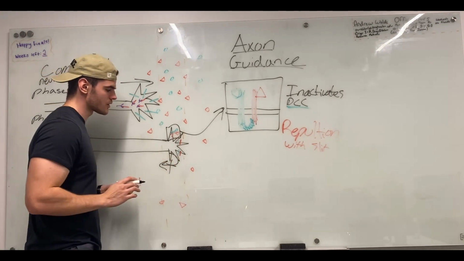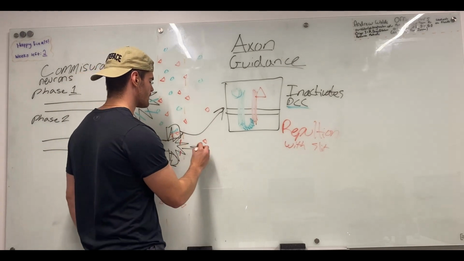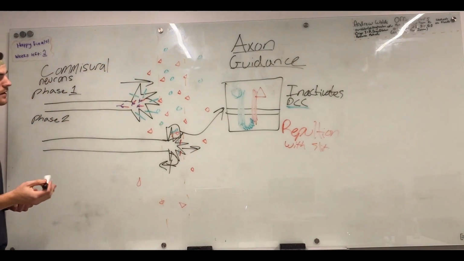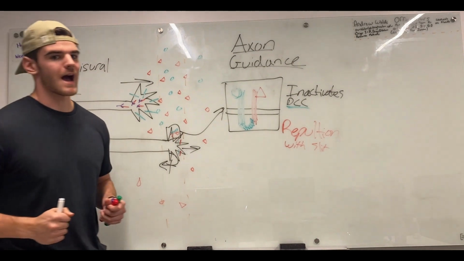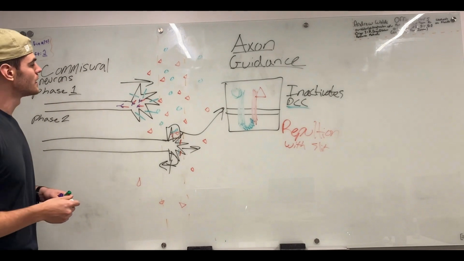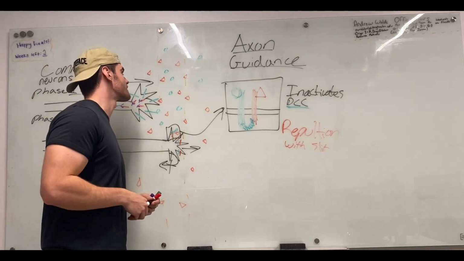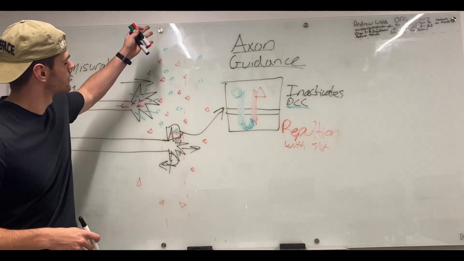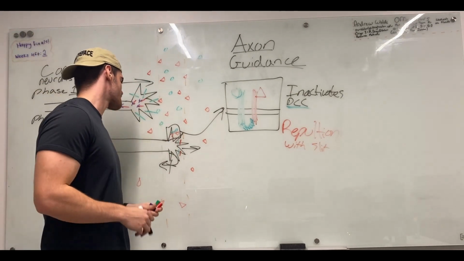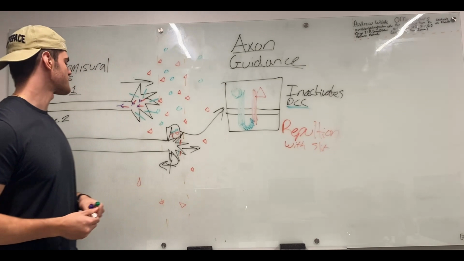So it's going to be shoved forward, repelled with slit and robo out of that high concentration, right? And if you can imagine it, this is the spinal column. It's crossing over the midline of the spinal column.